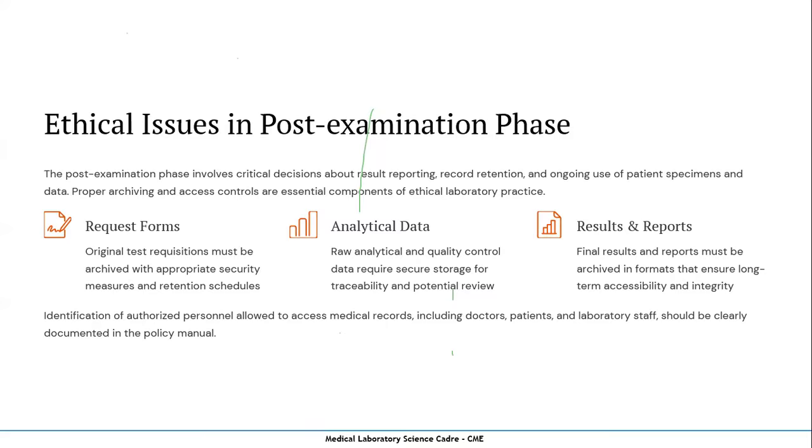Raw analytical and quality control data require secure storage for traceability and potential review. Results and reports: the final results and reports must be archived in formats that ensure long-term accessibility and integrity. Identification of authorized personnel allowed to access medical records should be clearly documented in the policy manual.